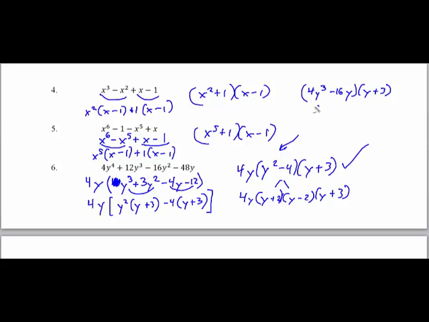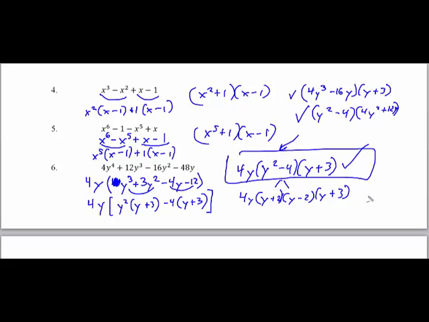Another possible answer is your y squared minus 4, and then your second term here would be 4y squared plus 12y. Again, you could factor out a 4y here and move it all the way to the front since multiplication is commutative. But again, you could have this, you could have this. My hope is you would have this. And if you're super duper brainy awesome, you could actually have done the difference of squares.